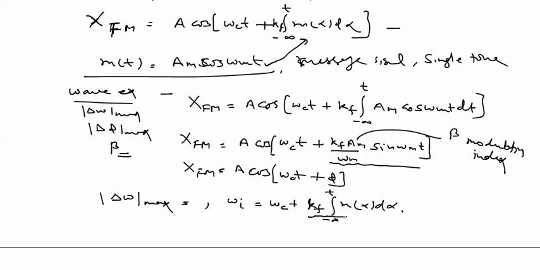This term we already solved, and for the maximum frequency deviation I write down a formula. This is the instantaneous angle. The formula is kf mt max. The maximum frequency deviation is kf mt max.